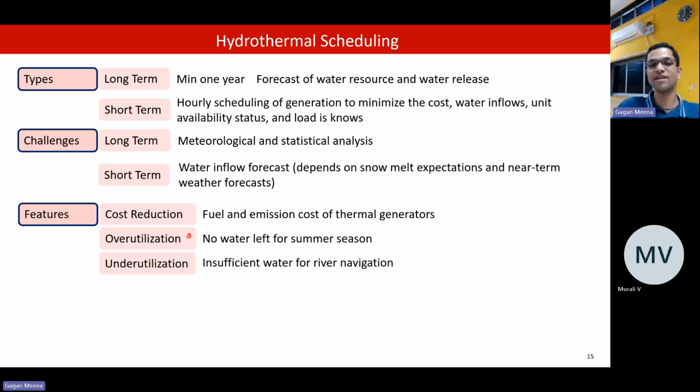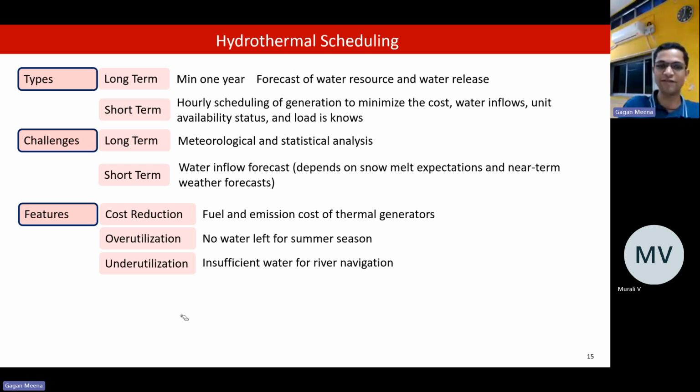We don't want the hydro plant to be overutilized. If we overutilize, that means we are releasing most of the water, then there is no water for the dry spell, where there is no inflow. Then it will create problems.